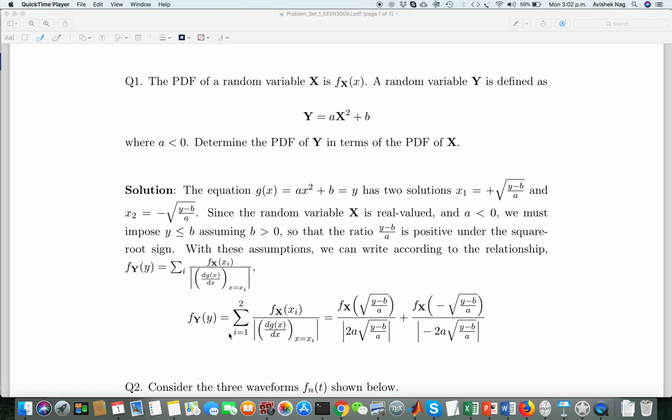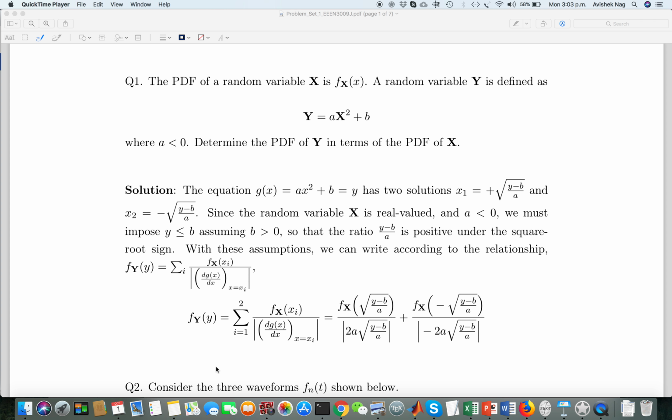So then you have the relationship, that is, the PDF of y in terms of the PDF of x. You just calculate this value. You have already calculated x1 and x2, so your i here goes from 1 to 2, and you calculate dx and use the value of dx at all the values of x, which is x1 and x2 here, and then you just have this expression.